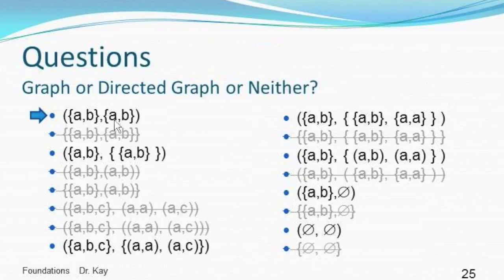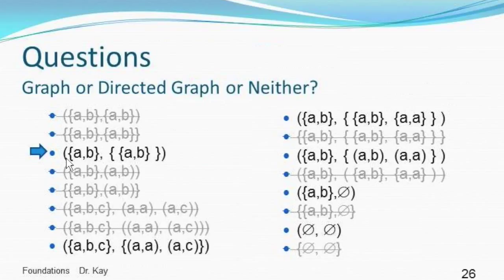And this is a set that contains a set that just has two elements in it. So that's not a graph, right? We'd need a set of edges, and that's not a set of edges, so that's not one.